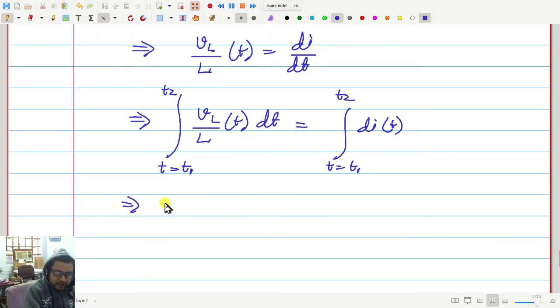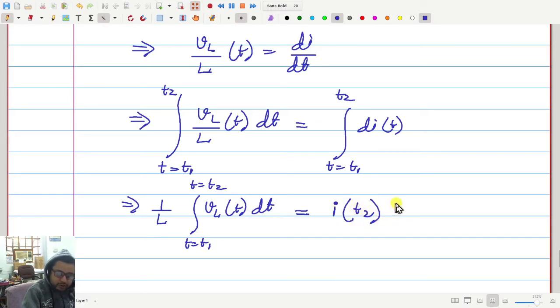It will be 1 over L, if L is a constant, times the integration of VL dt from t equal to t1 to t equal to t2, and the right side will be I at t2 minus I at t1.